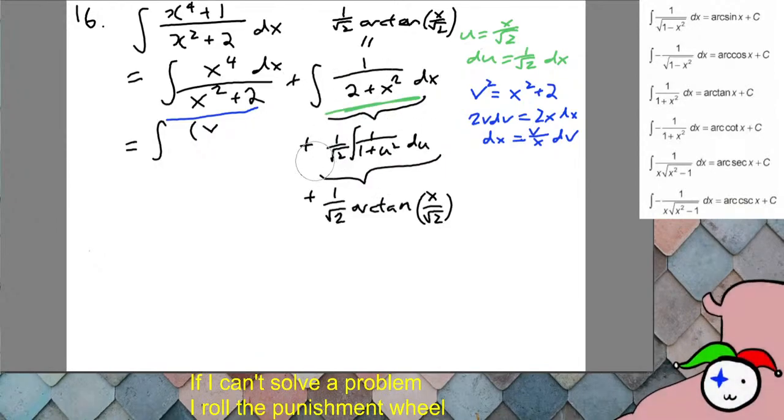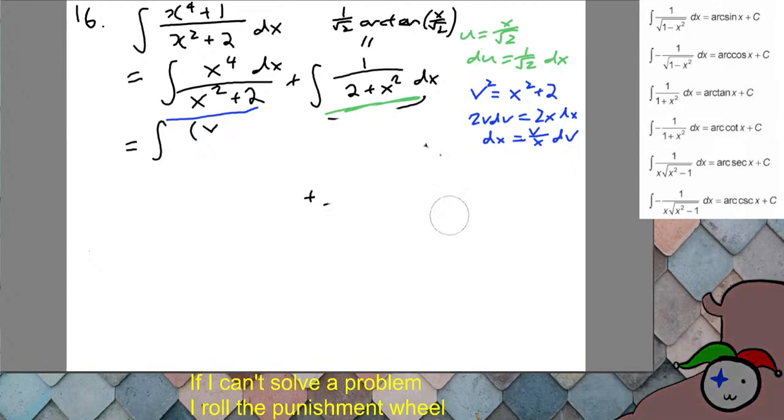Oops. Delete this. V squared minus 2 squared. Is this really easier to do?